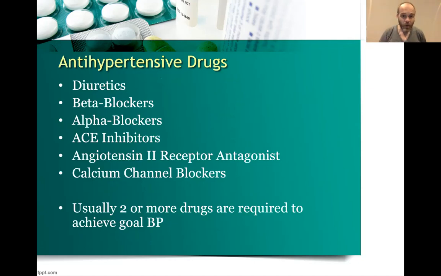These are all the categories, and we are going to go through each of them one by one. I'll probably just give you a couple to try to remember, and I'll let you know which ones to remember. Usually people are on more than one of these to get to their low blood pressure goal, but they're often overprescribed and can affect people's exercise tolerance quite a bit.